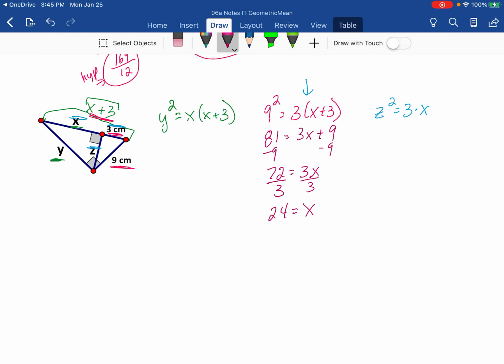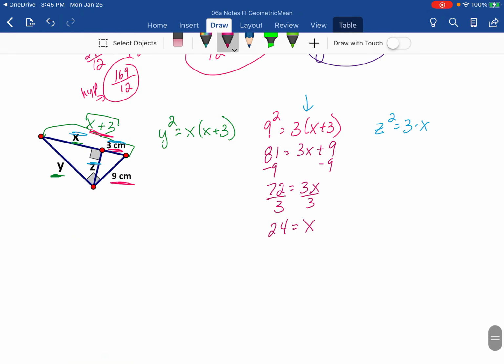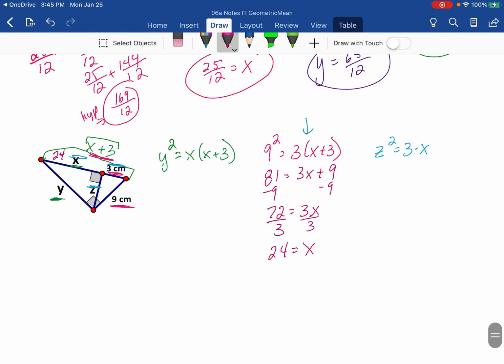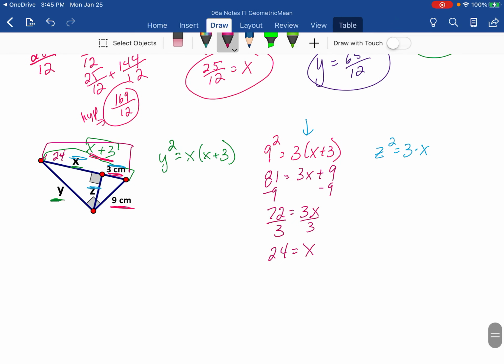So x is equal to 24. Okay, so now we know x is equal to 24. So once I know that x is equal to 24, then I know that my whole hypotenuse is going to be 27.